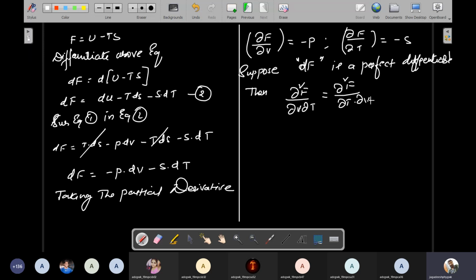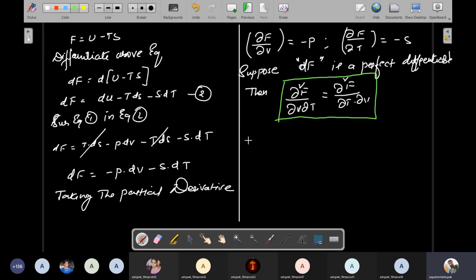So if it is a perfect differential, this formula must be obeyed. Definitely dou square f by dou v into dou t is equal to dou square f by dou t into dou v.